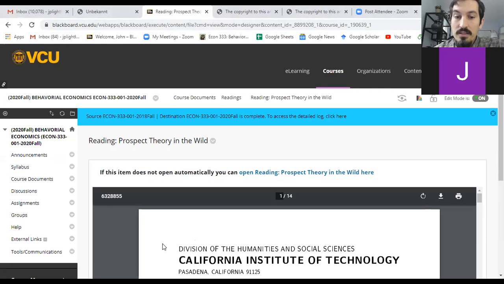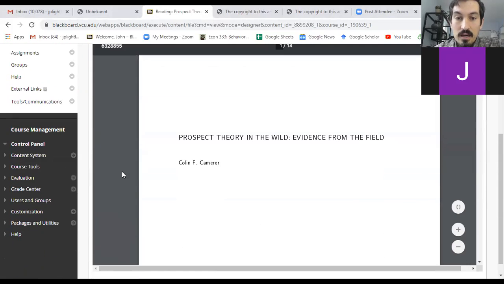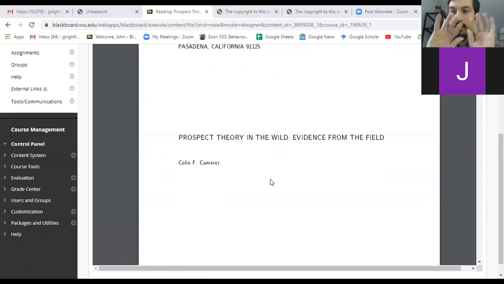Prospect theory in the wild is a paper written by Colin Camerer, my favorite behavioral economist, who found 10 instances of phenomena that occur in the wild that people actually do when they make decisions that can be explained pretty well by prospect theory, that couldn't be explained so well with other things. So he just chooses these 10 things to write about in a paper.